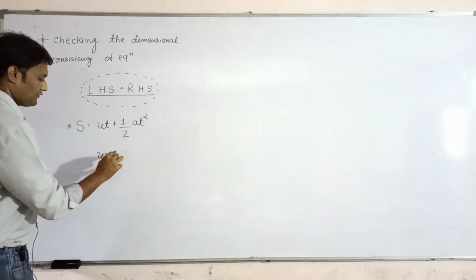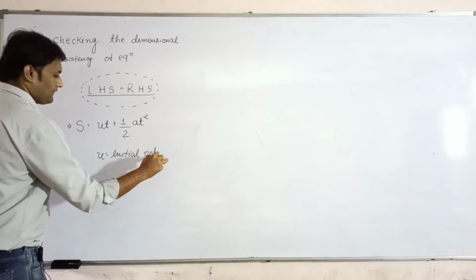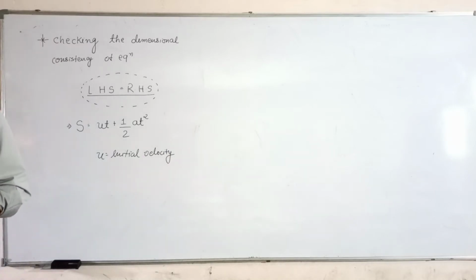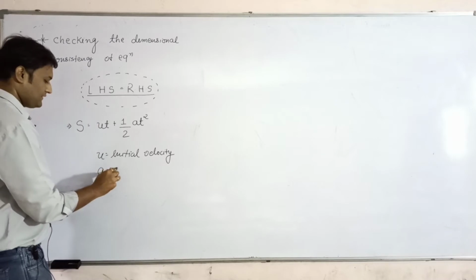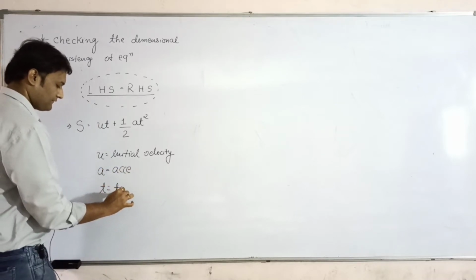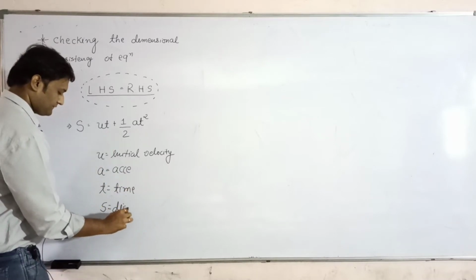u is equal to initial velocity, and a is equal to acceleration, t is equal to time, and s is equal to displacement.